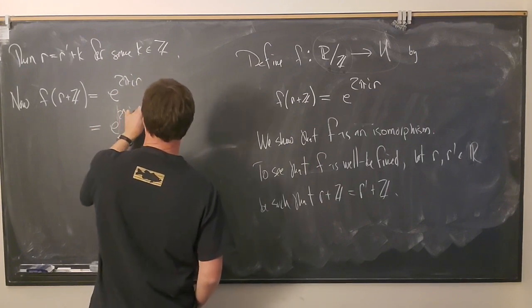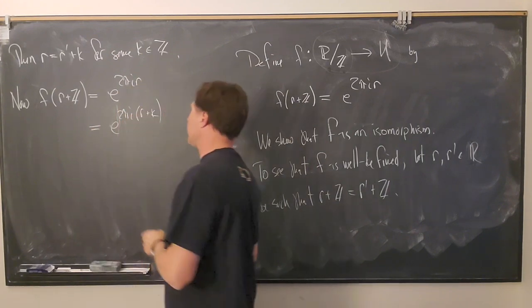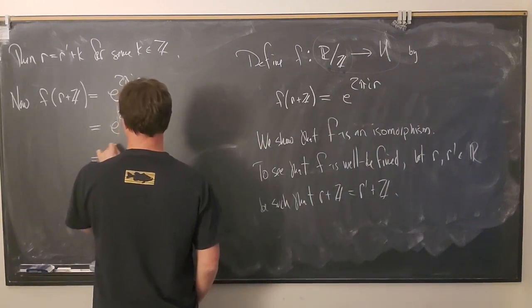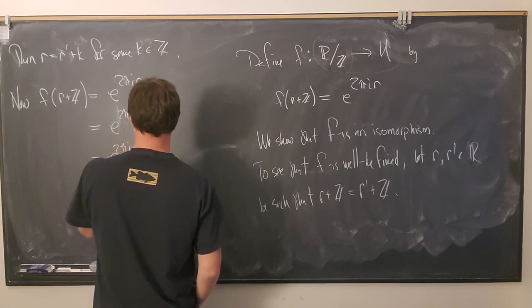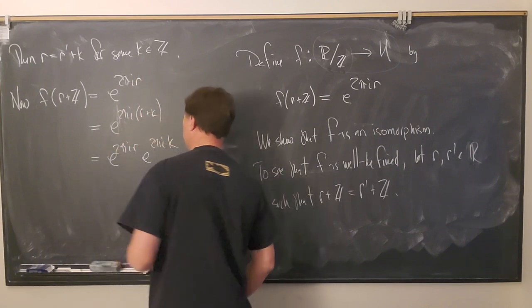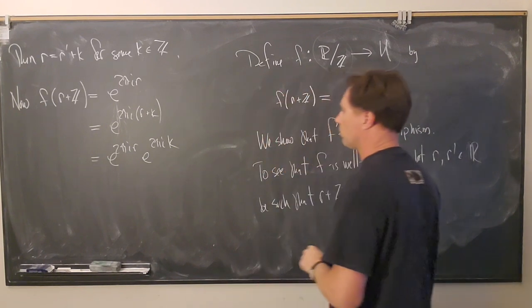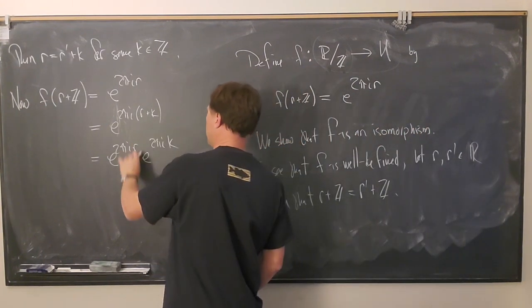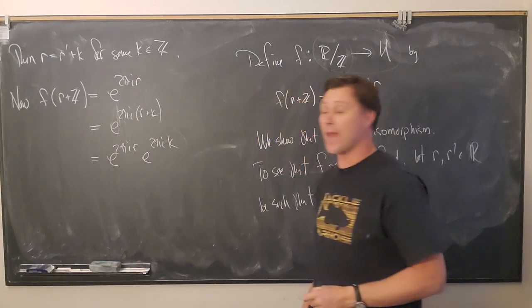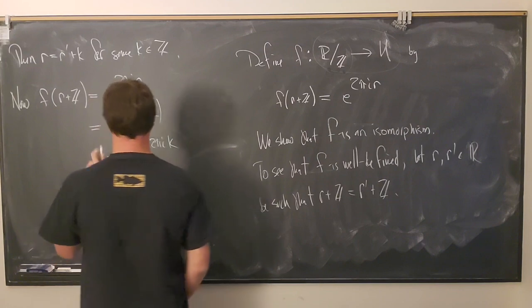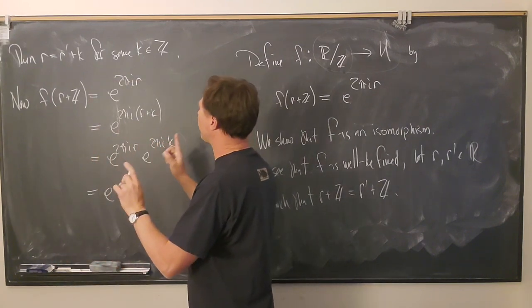i times R plus k. We can split this up as e to the 2 pi i R times e to the 2 pi i k. And now, e to the 2 pi i times k, right, that's equal to 1. And so this is equal to e, sorry, I lost my prime.